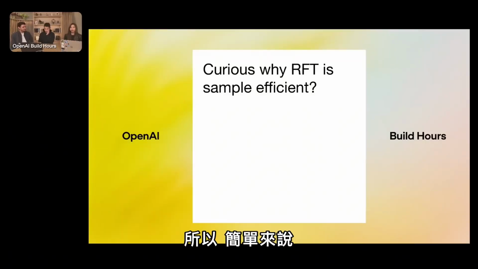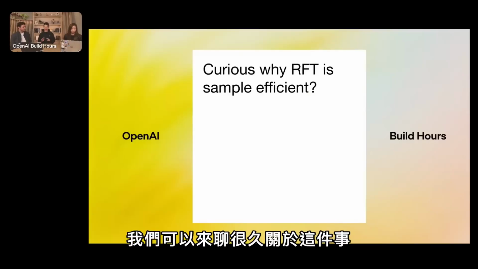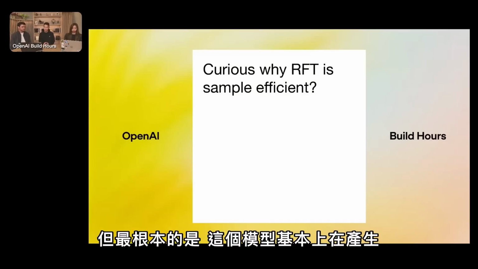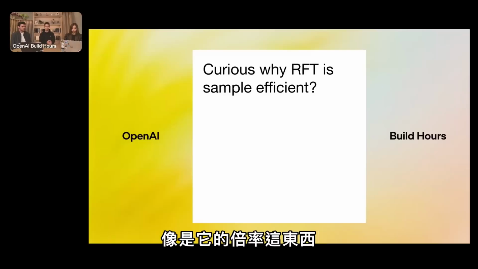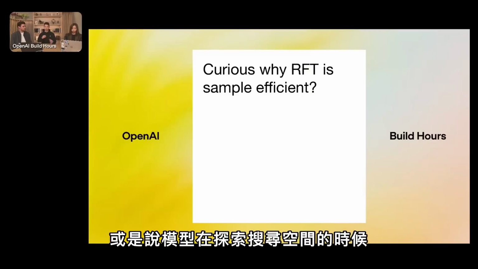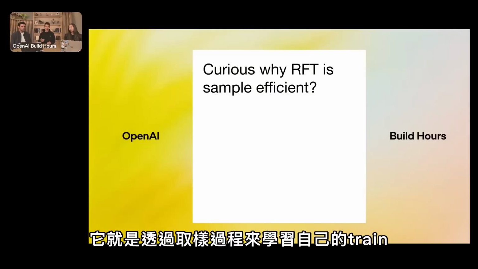Why is RFT sample efficient? This is sort of a question around why RL is sample efficient. We could talk at length about that, but fundamentally, first of all, the model is basically generating its own training data through the exploration process. Remember how we talked about this compute multiplier, or how the model is exploring the search space? It's actually generating its own training data through that sampling process.